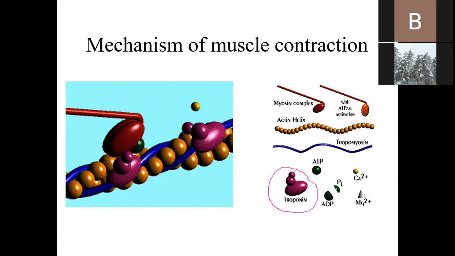Troponin has three different portions. One portion binds to actin, the other portion binds to tropomyosin, and the other portion binds to calcium.